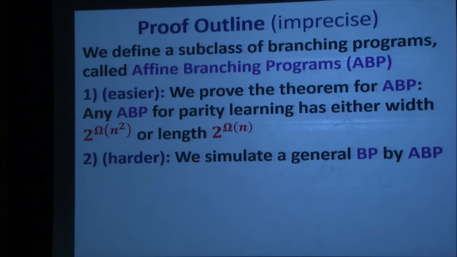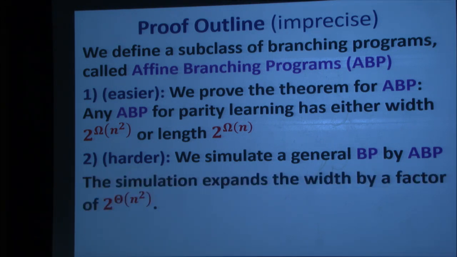Now, when I say that we do a simulation of a general branching program by an affine branching program, you probably think of a polynomial time simulation. No luck. Maybe quasi-polynomial? No. Maybe exponential? Not even exponential. It's probably the worst simulation you have ever seen.